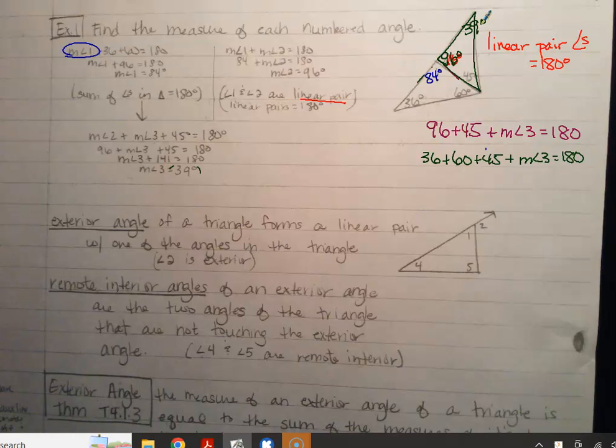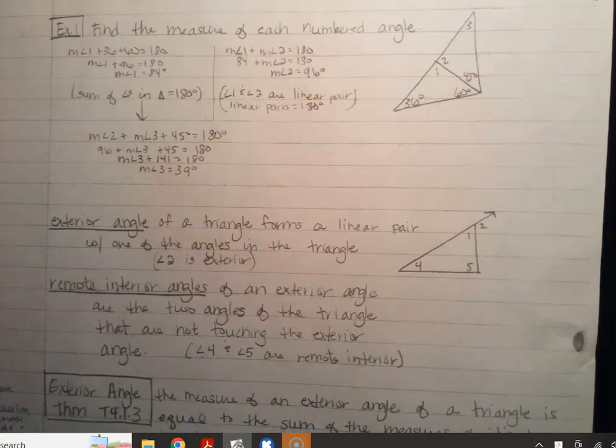Are they vertical angles? Or if we're looking at parallel lines, which we're kind of out of that section right now, are they alternate interior, alternate exterior, corresponding, consecutive interior? All of that vocabulary keeps building and we're going to keep using it.